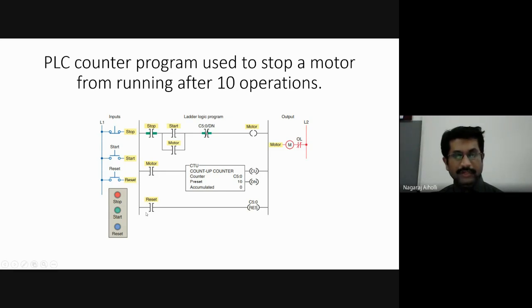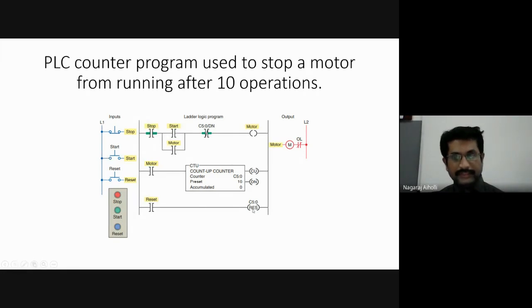Examine if closed becomes true, the rung becomes true, and the coil is energized. The reset coil is energized. Note that this reset coil has the same address as that of the done bit here, C5:0/DN, and the C5:0 here is also the up counter address.